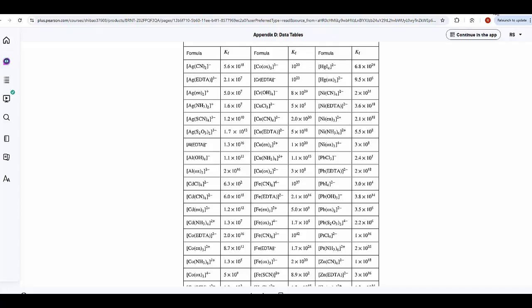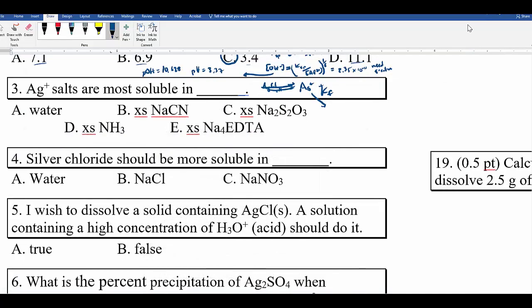It's at 10 to the 18 KF. So it's going to be cyanide. If we take two cyanides, we can form the dicyanoargentate(I) ion. This is negative.